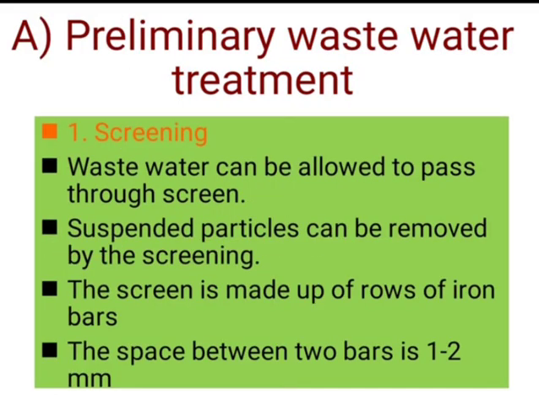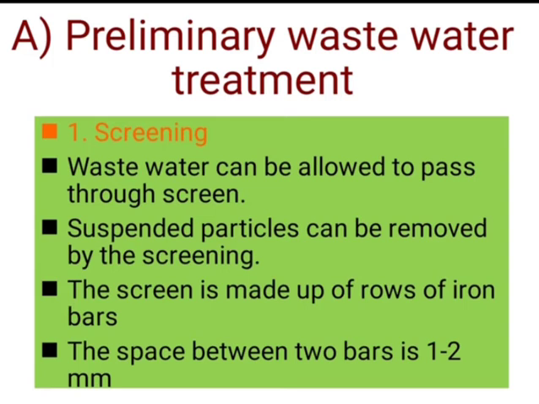First is the screening. In the screening, wastewater is allowed to pass through the screens and suspended particles get separated or removed by the screens. These screens are made up of rows of iron bars, and the space between 2 bars is 1 to 2 millimeter.